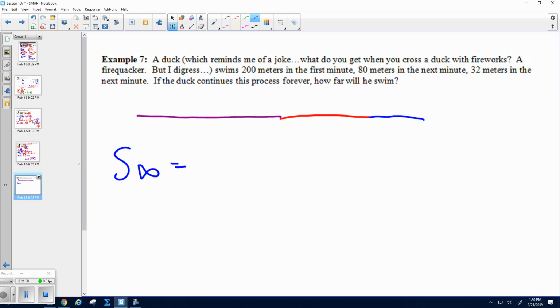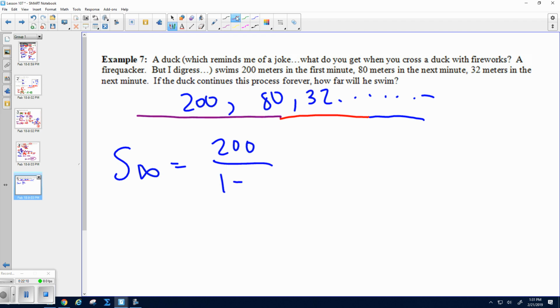Okay, and my first number is 200, and my second number is 80, and my third number is 32, and it keeps going. So what's A1? 200. Over 1 minus, how do we find r? Actually, the other way around.